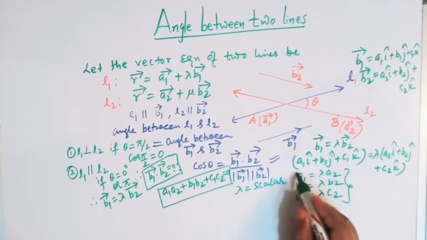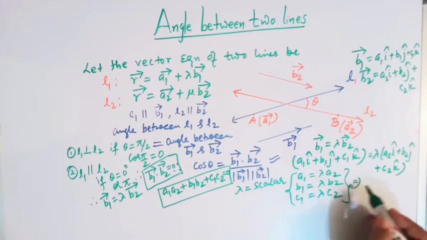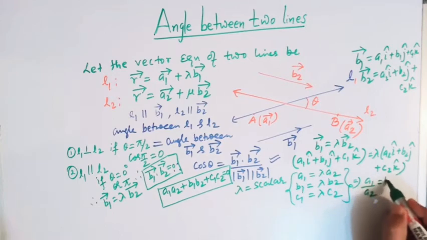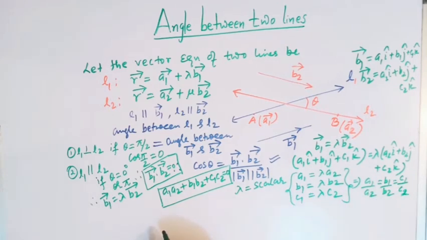And from these three equations we have a1 divided by a2 is equal to b1 divided by b2 is equal to c1 divided by c2, right? And this is equal to lambda, and lambda is a scalar, and this is the condition for the parallelism of line L1 and L2.